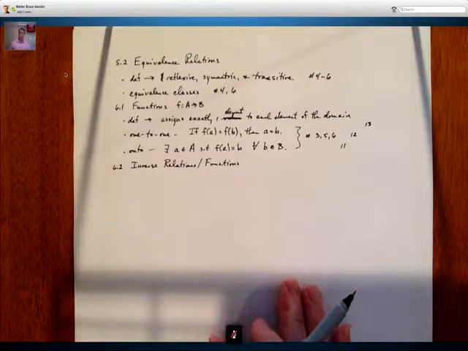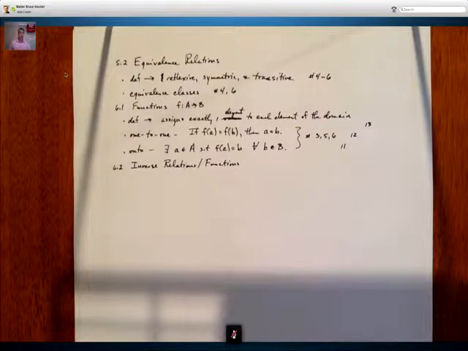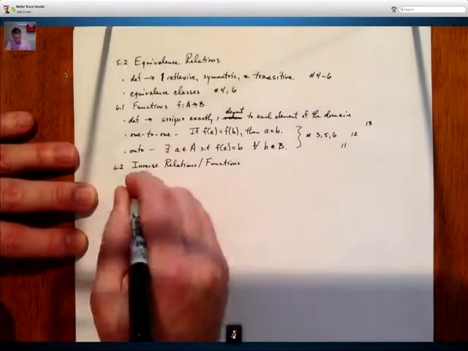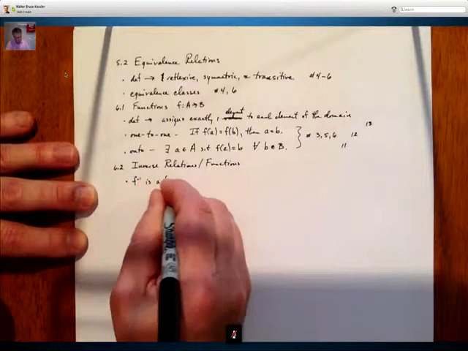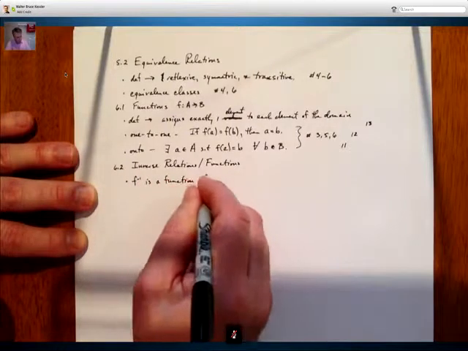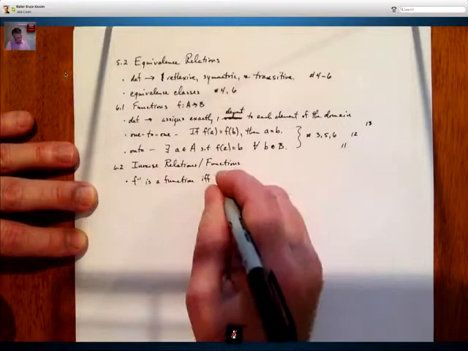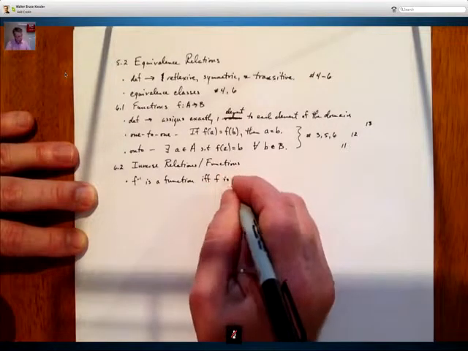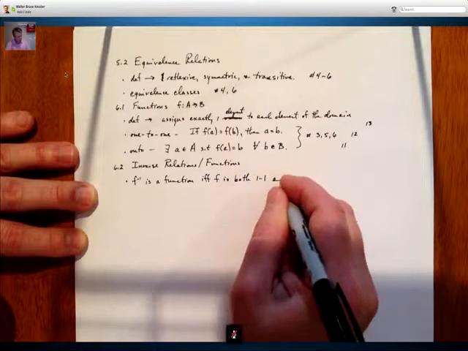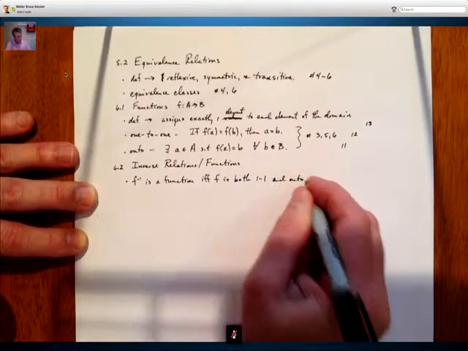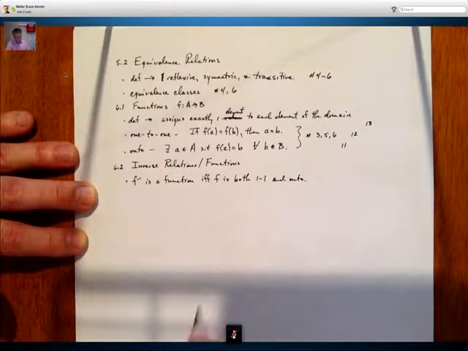We can talk about the inverse relation and still use that f inverse notation without it necessarily being a function. In fact, this is one of our theorems, it is a function if and only if f is both one-to-one and onto.